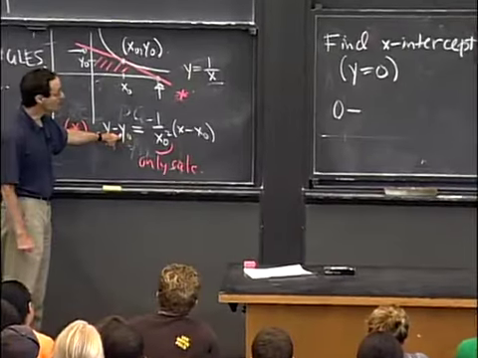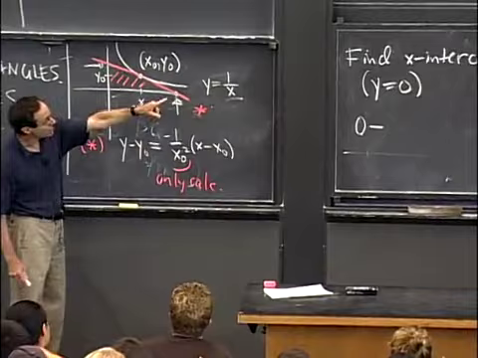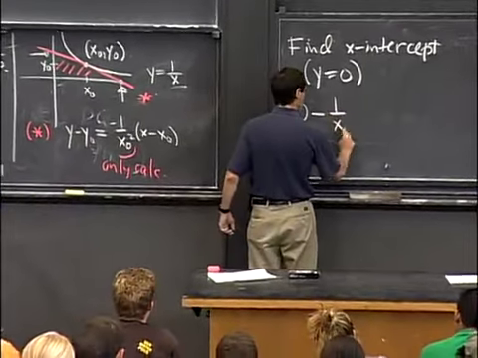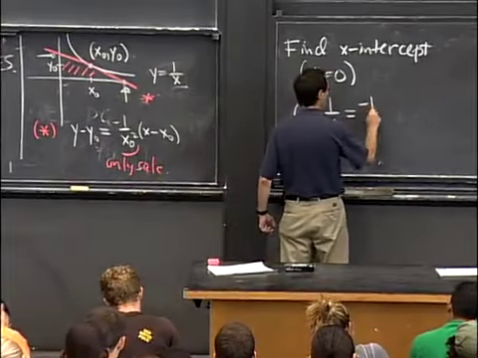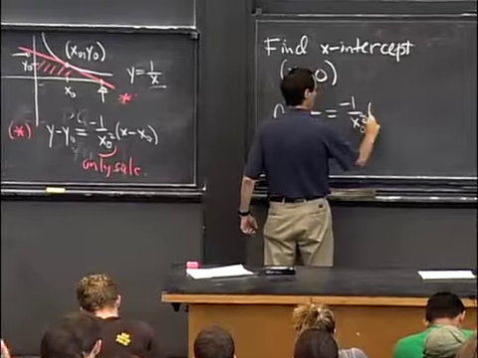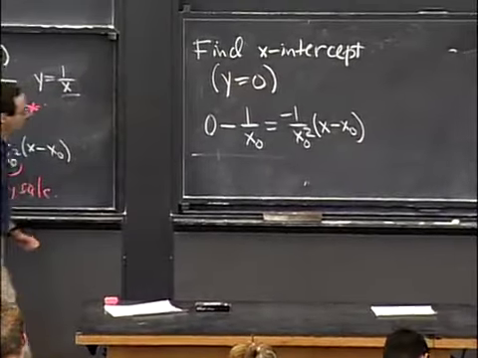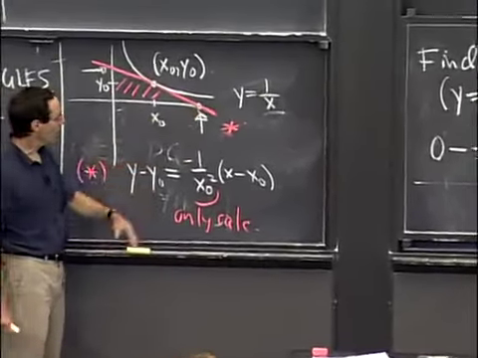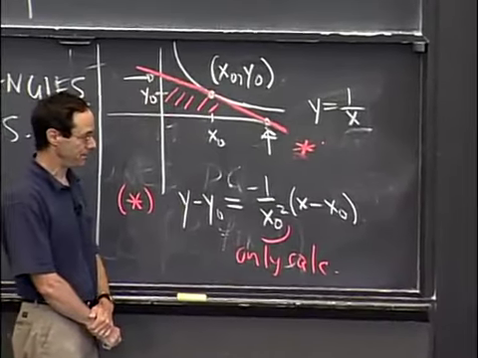We know that y0 is f of x0, and f of x is 1 over x. So this thing is 1 over x0. Right? And that's equal to minus 1 over x0 squared. And here's x, and here's x0. All right? So in order to find this x value, I have to plug in one equation into the other.